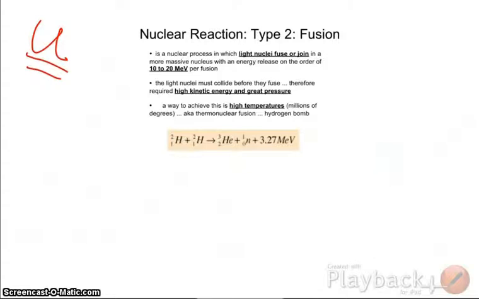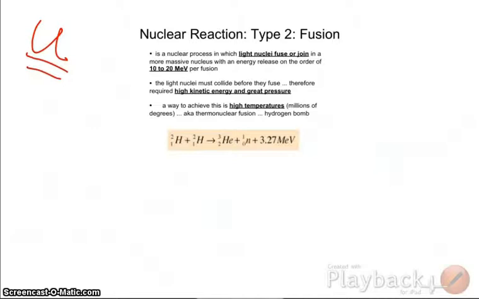Fusion is a nuclear process in which light nuclei, so small nuclei, fuse or join together, and they release energy in the form of 10 to 20 megaelectronvolts, which is quite a bit smaller than fission, which was 180, give or take. But fusion also deals with things like hydrogen, which we have quite a bit more of.